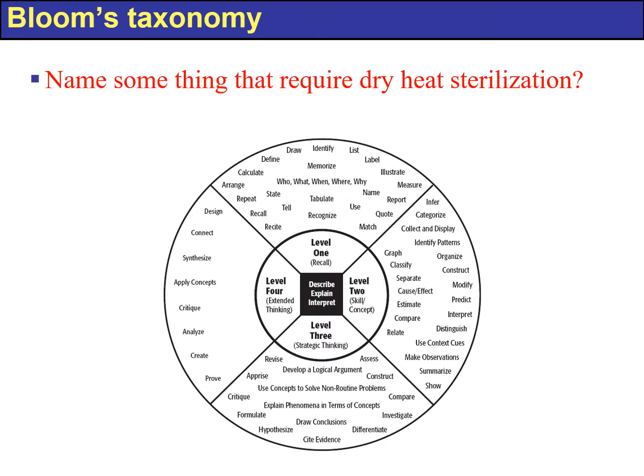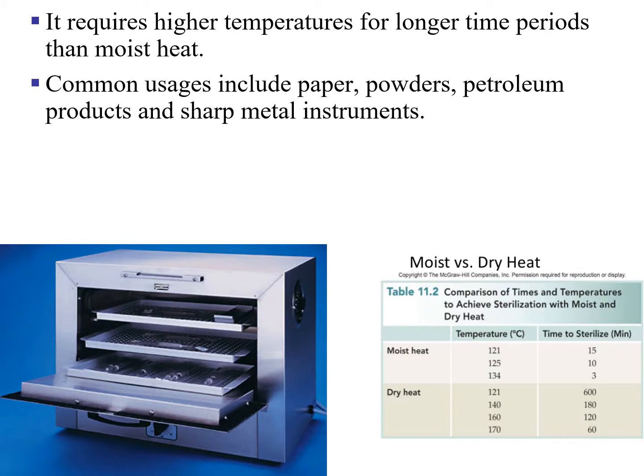Name some things that require dry heat sterilization. So dry heat sterilization can be used to sterilize things such as paper, powders, petroleum-based products, and sharp metal instruments.